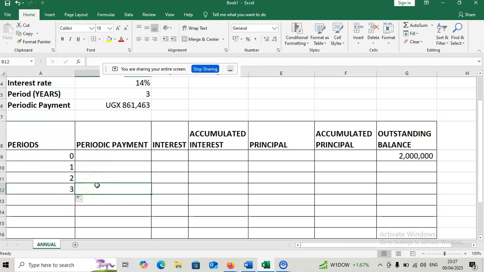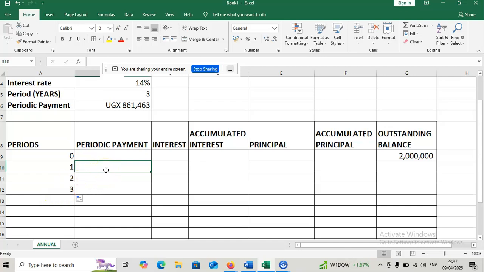Now you can even use an if statement to set the boundary of this period, but we won't be using the if statement here. It's ideal you use it, but for this class we won't be using it because you are constrained by time. Okay, so we have filled in the periods.